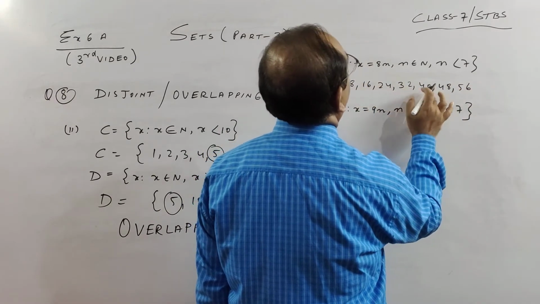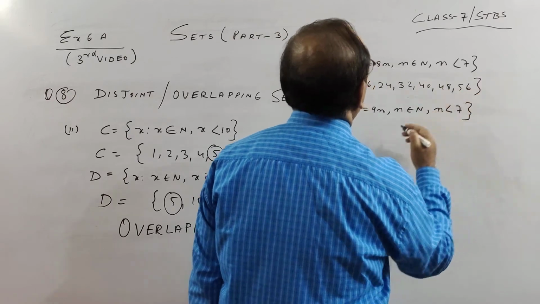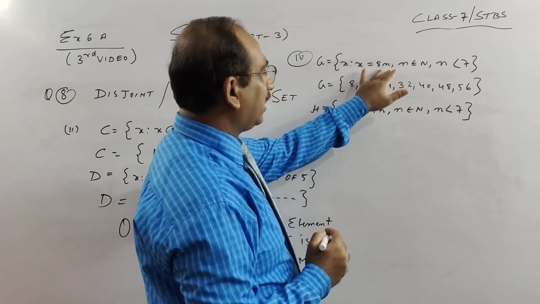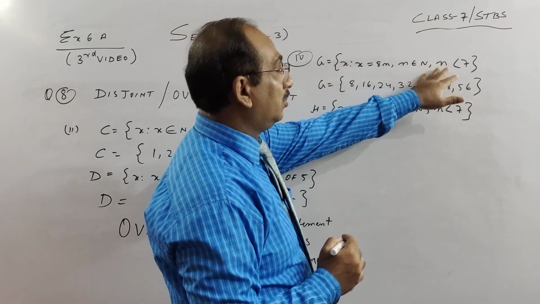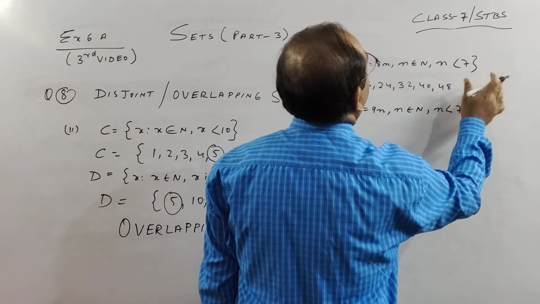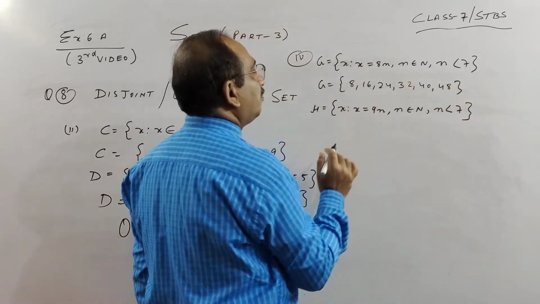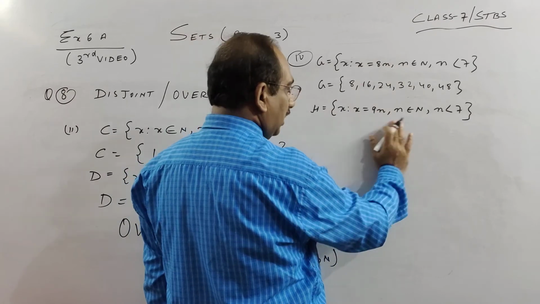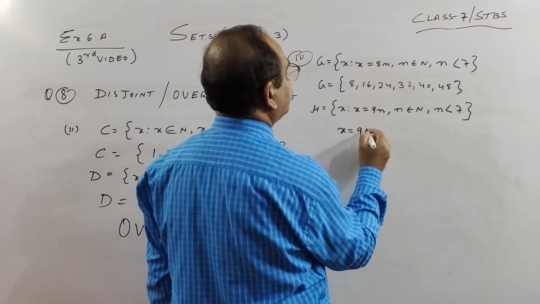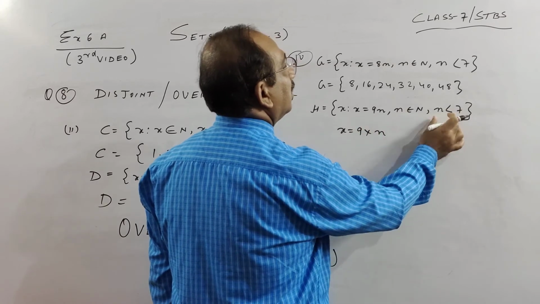So 8 times n, where n is a natural number less than 7, that is 1 to 6, and multiply with 8. I'll explain this to you. Now x is 9n, n a natural number less than 7.